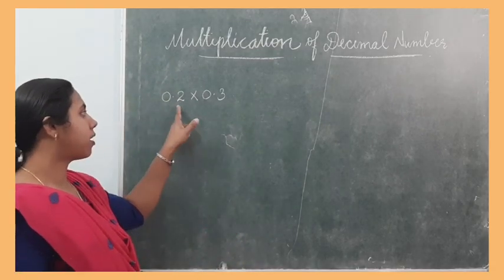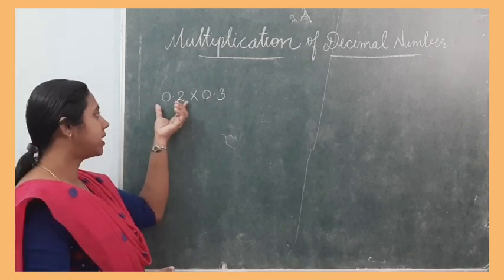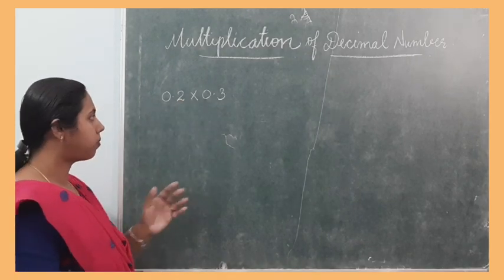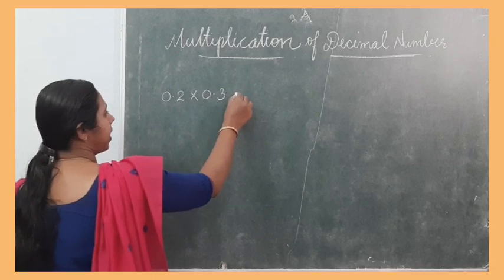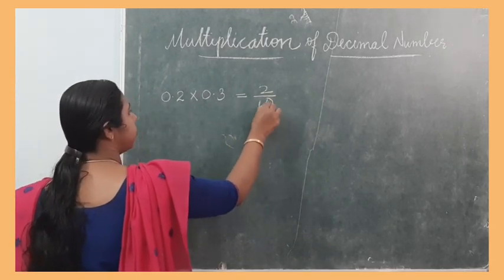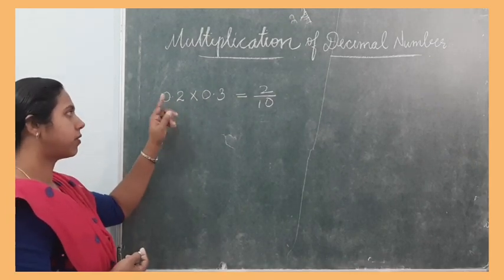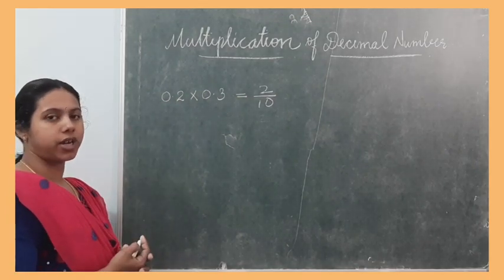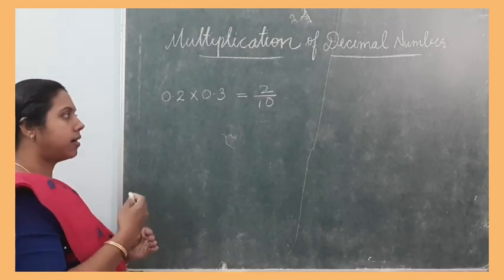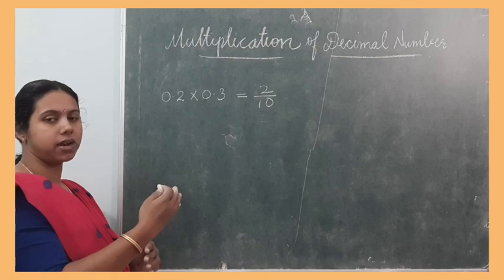So for example, 0.2 into 0.3. We know how to convert decimal into fraction. 0.2 we can write as 2 by 10, because only one decimal place. So when you convert it to a fraction, you should keep the denominator 10 according to the decimal place.